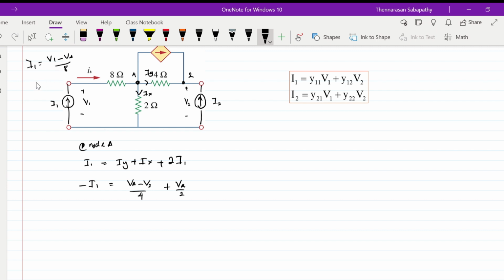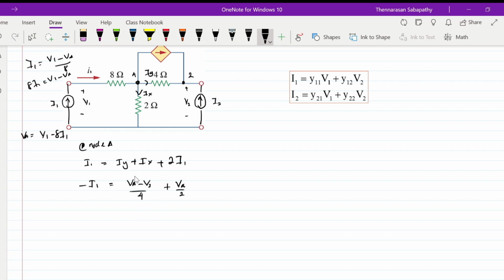So 8I1 is V1 minus VA. So VA can be defined as V1 minus 8I1. I bring VA here, and then 8I1 I bring this side. So VA can be defined like that.